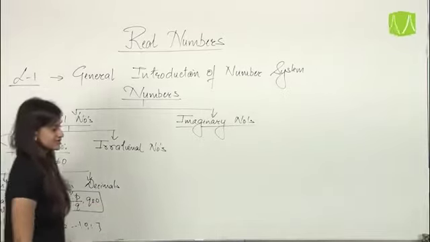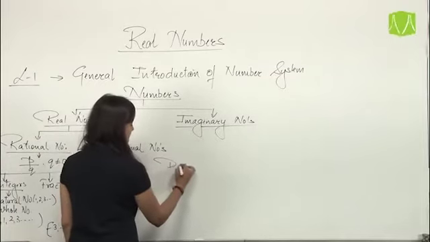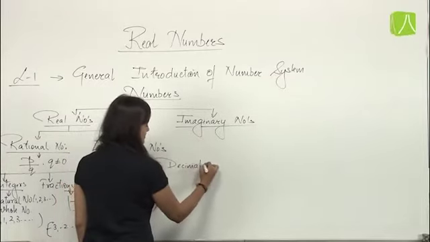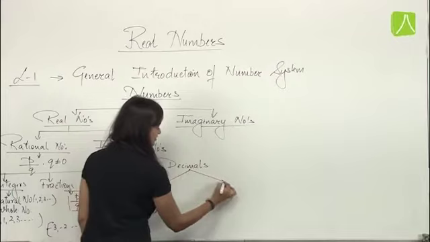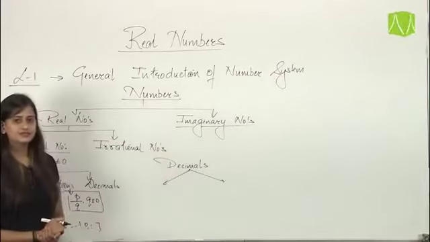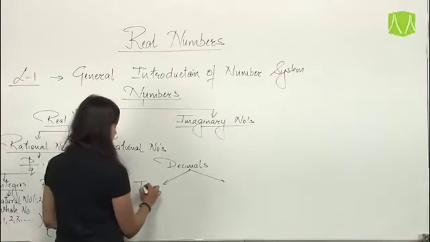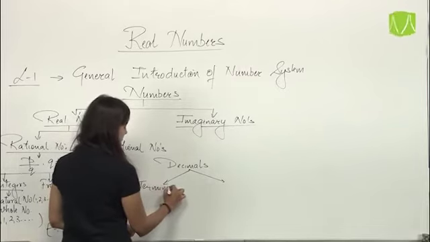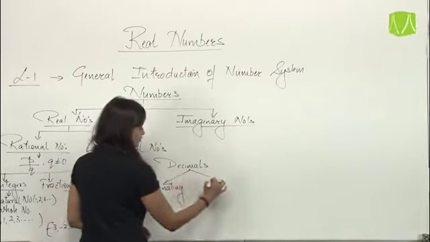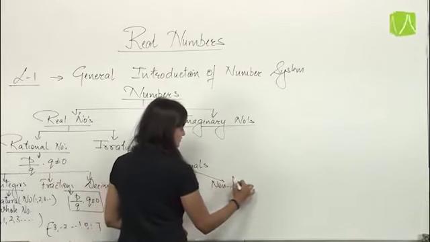Next is decimals. We will classify decimals into two categories: terminating decimals and non-terminating decimals.